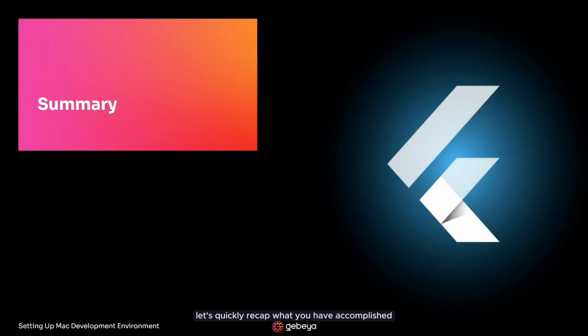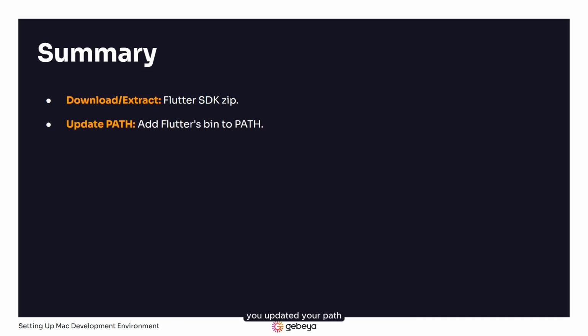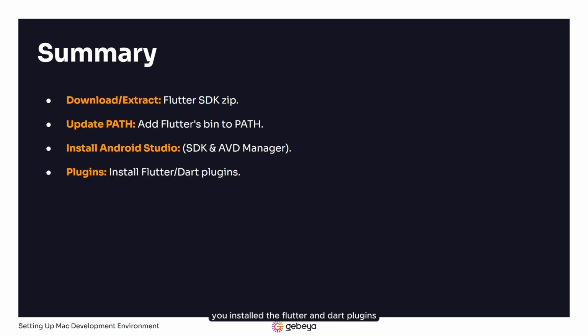Let's quickly recap what you have accomplished in this module. You downloaded and extracted the Flutter SDK zip file. You updated your path environment variable to include Flutter's bin directory. You installed Android Studio, including the Android SDK and AVD Manager. You installed the Flutter and Dart plugins in Android Studio.